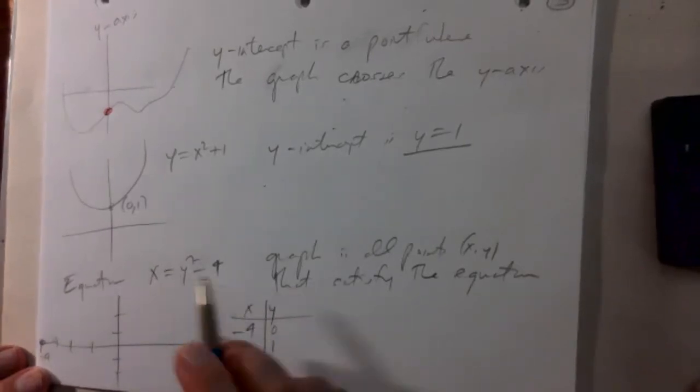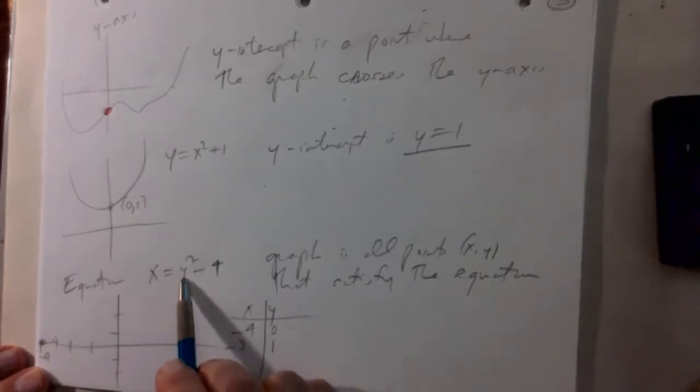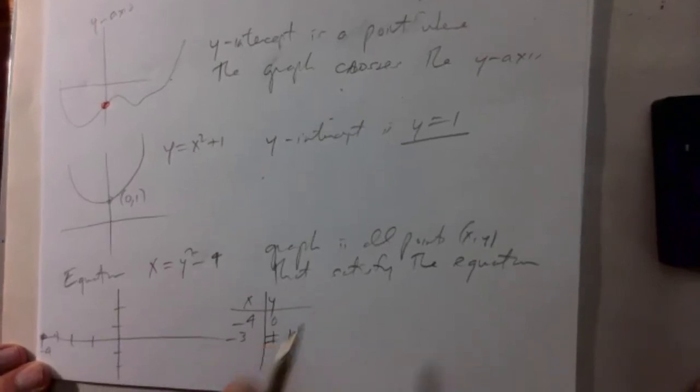If y is 1, x is minus 3. And if y is minus 1, y squared is still 1. So this is actually plus or minus 1, minus 3. So here and here. When y is 2, I get 0.